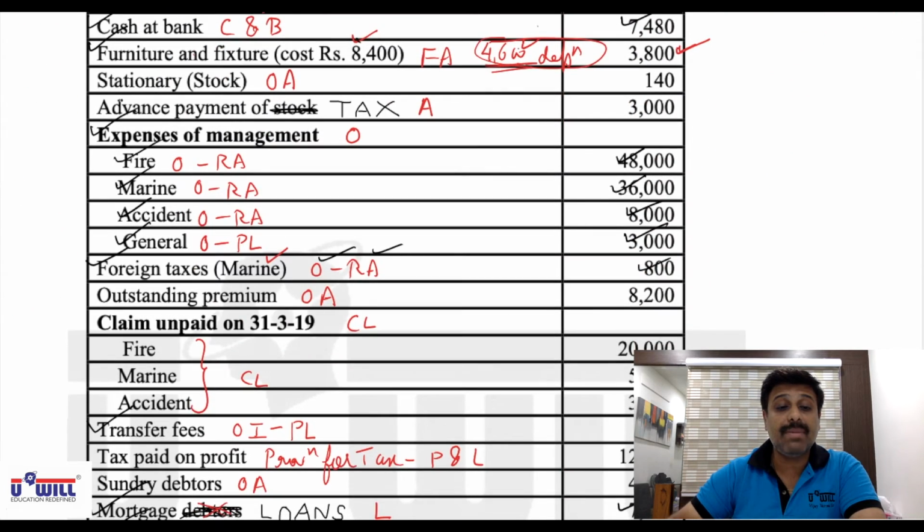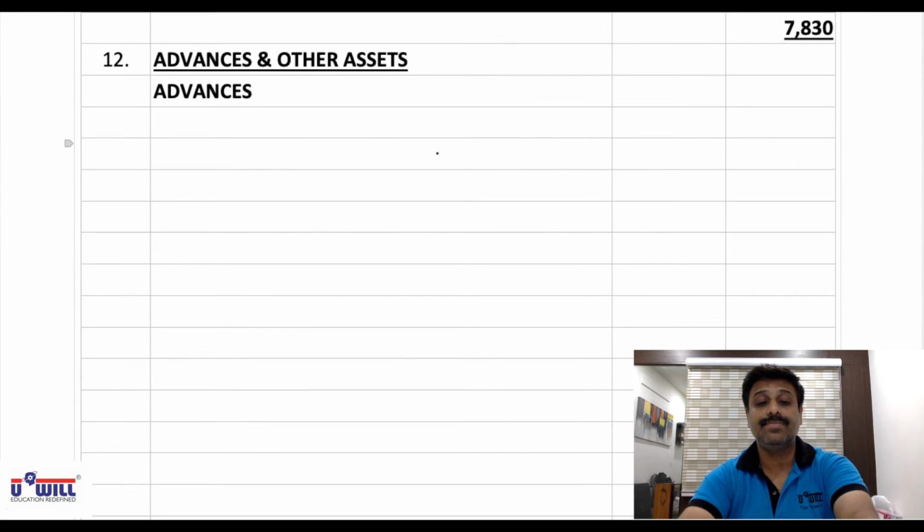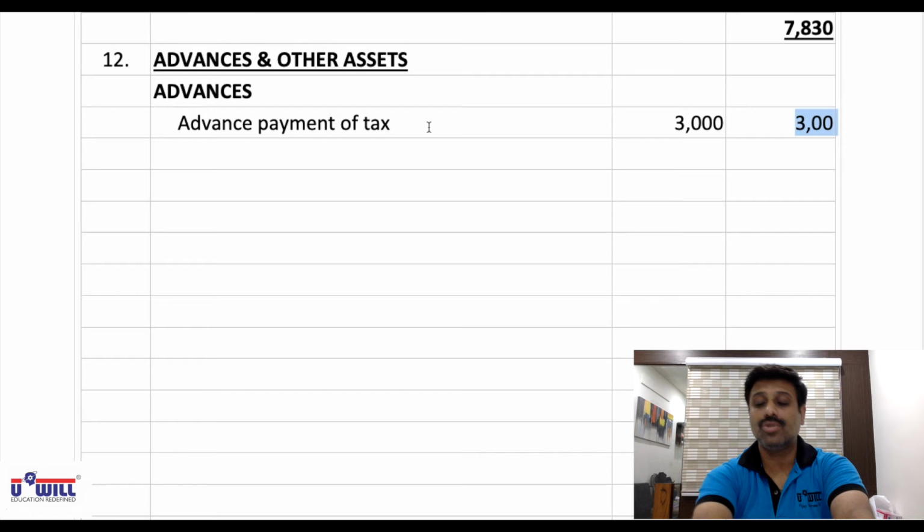This advance payment of tax, 3,000. So I'll write advance payment of tax 3,000. You can show it directly in the outer column, 3,000.